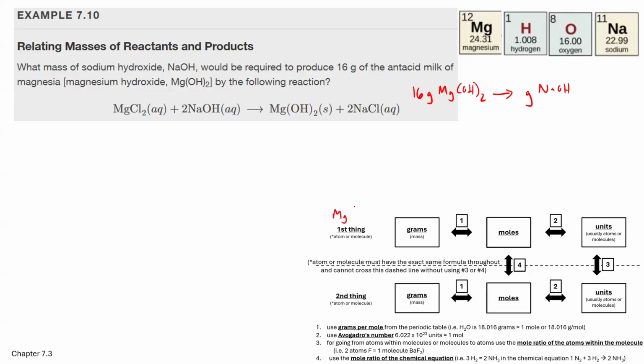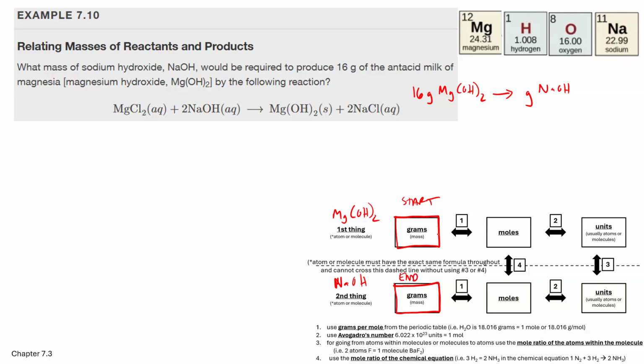So we'll say magnesium hydroxide and NaOH, sodium hydroxide. Our start is grams, so this is our start. Oh, sorry, let's figure our end. Our end is grams of sodium hydroxide. So this is our end.